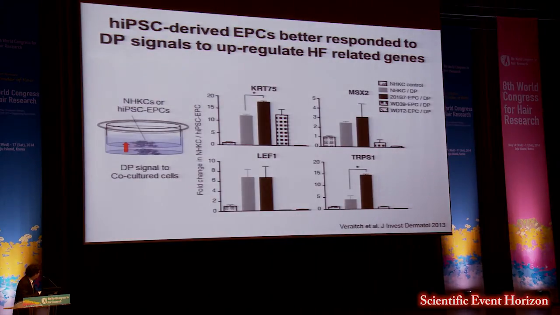Interestingly, when those generated iPS-derived keratinocyte epithelial precursors are co-cultured with human dermal papilla cells, and the gene expression levels of those cell populations are compared with human adult keratinocytes, iPS-derived cells expressed similar or even stronger levels of hair-related genes than normal hair follicle keratinocytes.